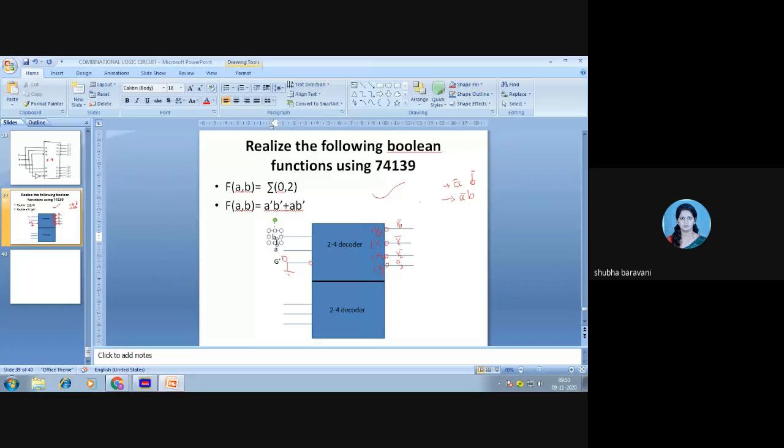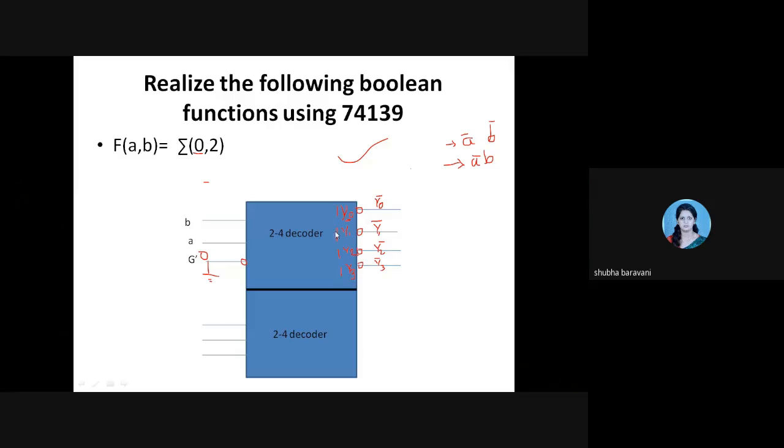So in that case, this would be 1B, 1A, 2B, 2A, and whatever output you would have got, that would be 2Y0, 2Y1, 2Y2, and 2Y3.